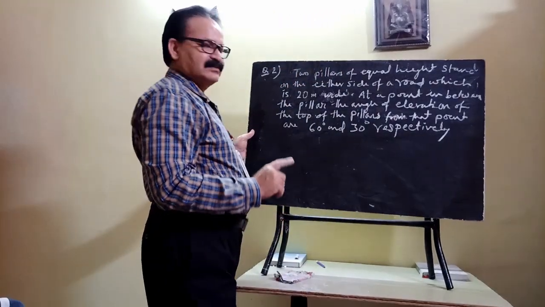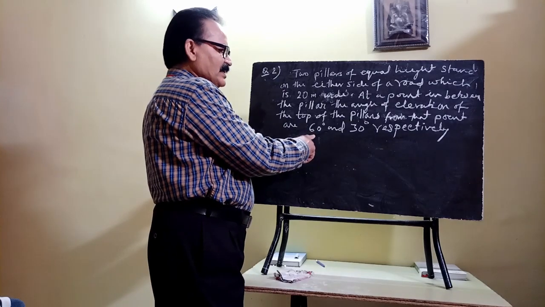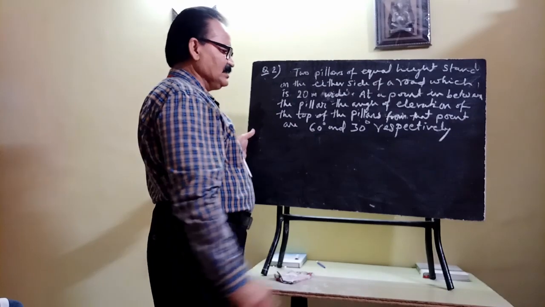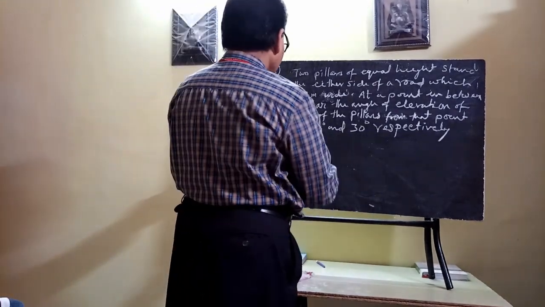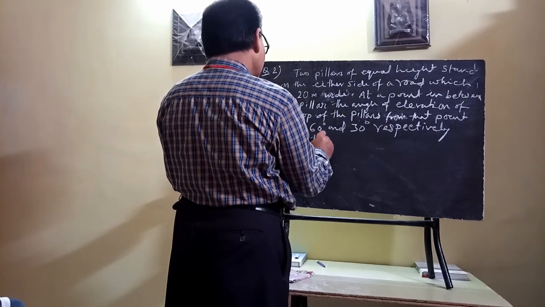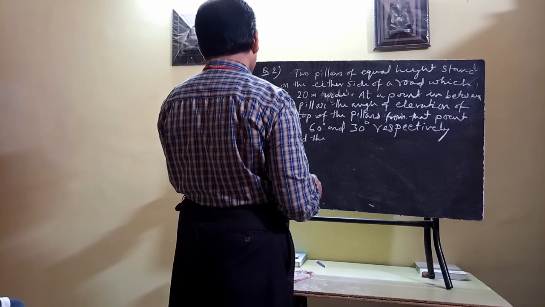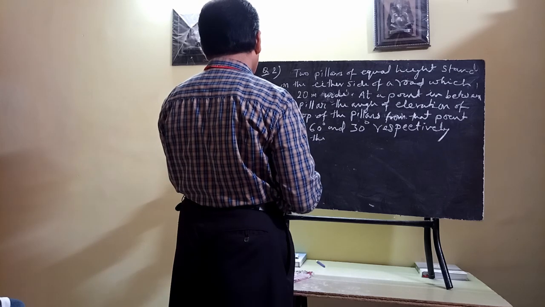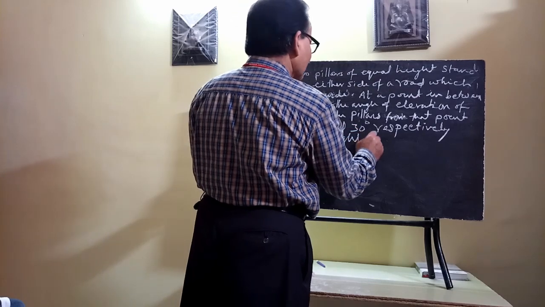The angle of elevation for the first pillar is 60 degree, and for the second pillar it is 30 degree. Clear? Now you have to find the height of the pillars.